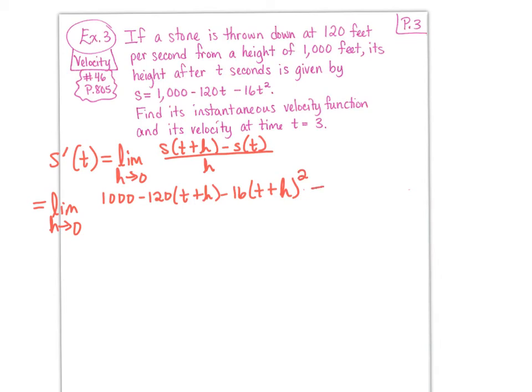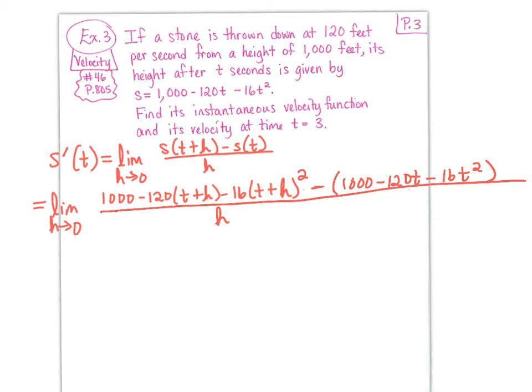And then you're subtracting the s of t, which is 1,000 minus 120t minus 16t squared. Good. And then we're going to take all of that and divide it by what? h. Good. Now you have to expand all of that.